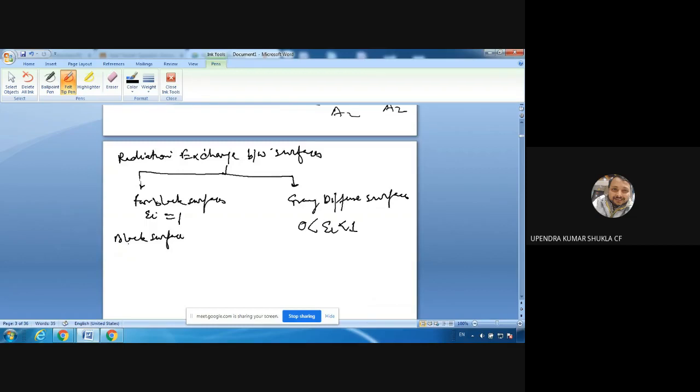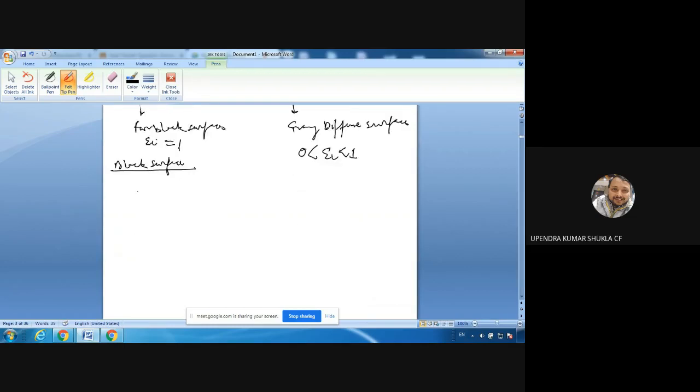Now for the black surface, since I have explained the topic view factor, you will understand very easily. Suppose we are taking two surfaces. This is surface 1 at a different orientation and this is surface 2.